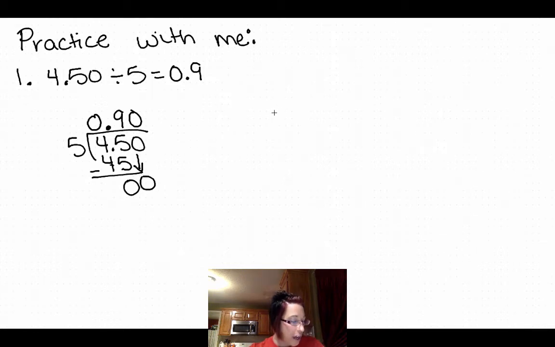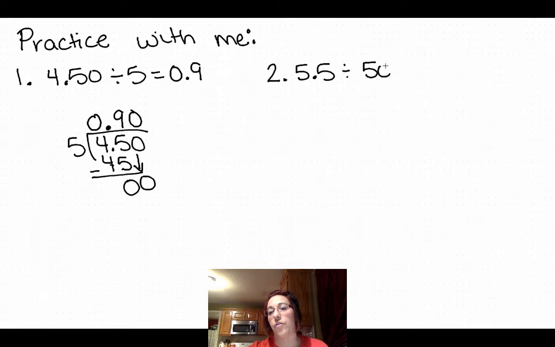Let's go ahead and look at another practice problem. We are going to take 5 and 5 tenths and divide it by 50. So we've got to set up our problem. 5 and 5 tenths, 50, the divisor goes on the outside, and we're ready to go.